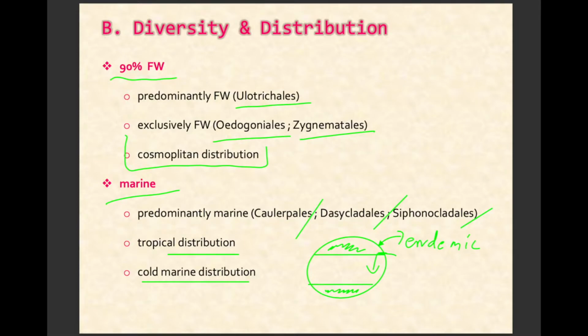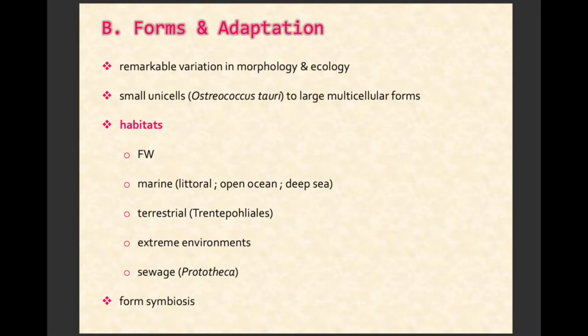Moving on with the forms and adaptation of the group, we have a remarkable variation in terms of morphology and ecology. There are unicellular species like Ostreococcus tauri, to large multicellular forms like Cladophora and Ulva lactuca.